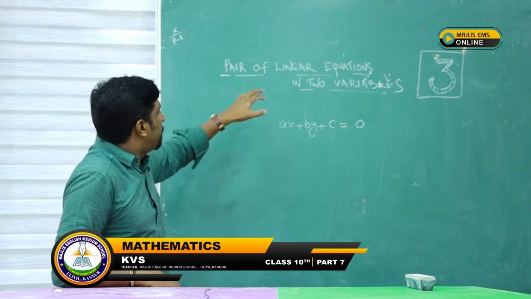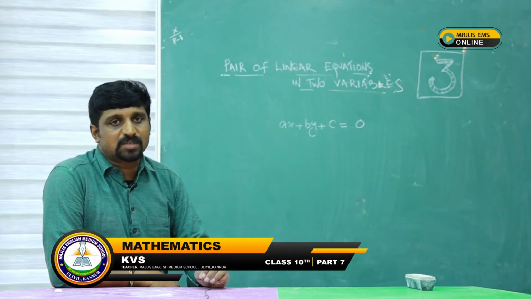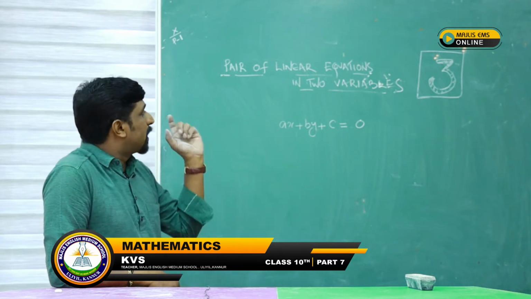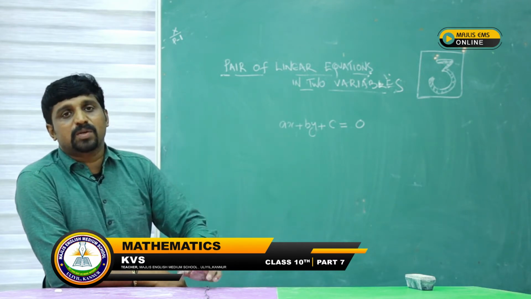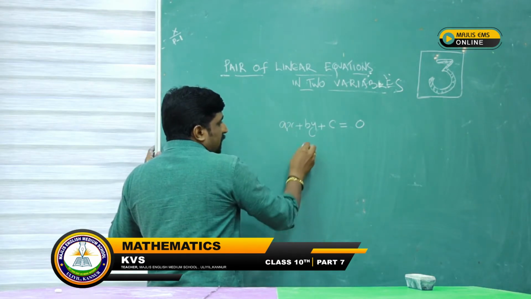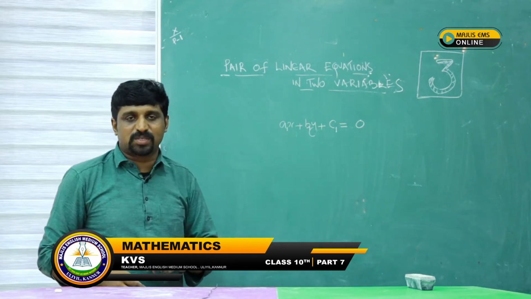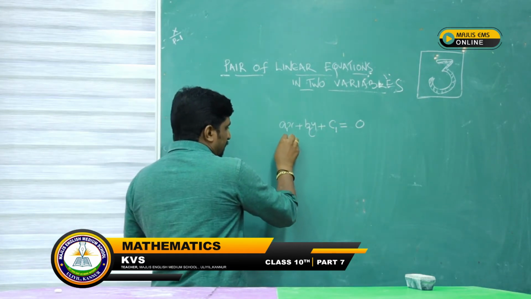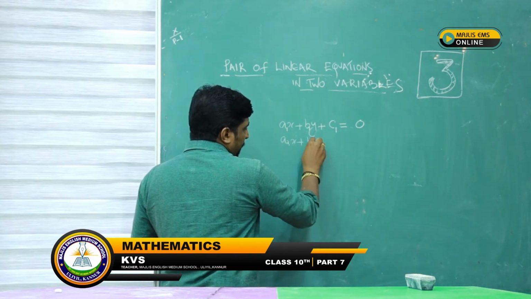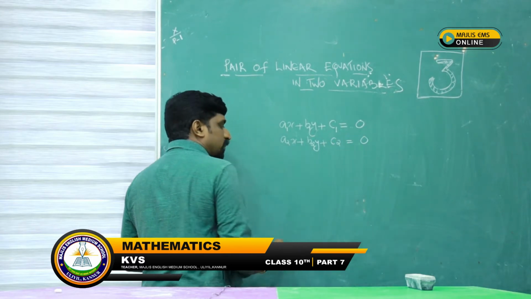But here we need to consider a pair of two equations. In 9th class only one equation was there, but here there are two equations, a pair of linear equations. The form is a1x plus b1y plus c1 equal to 0, that is the first equation, and the second equation, a2x plus b2y plus c2 equal to 0.